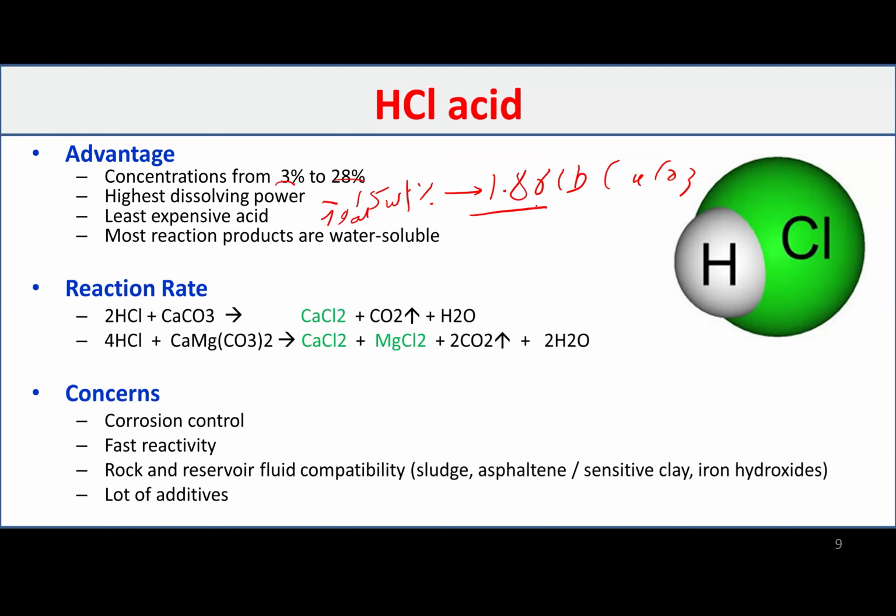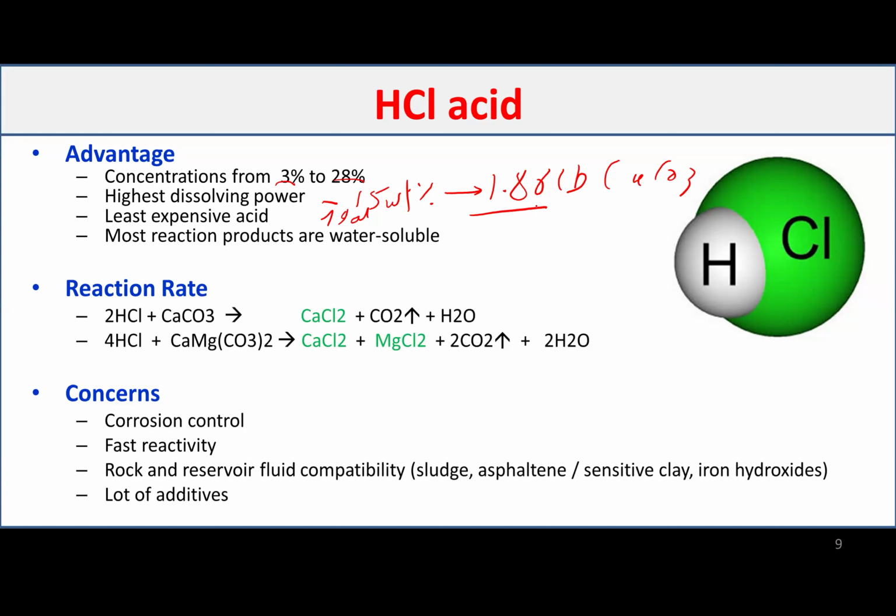The third benefit is the cost. It's a really cheap chemical, almost $1 per gallon of fluid. So you can pump a lot with a very cheap treatment. And the thing we like most about HCl is the reaction product. The majority of it is completely water soluble.